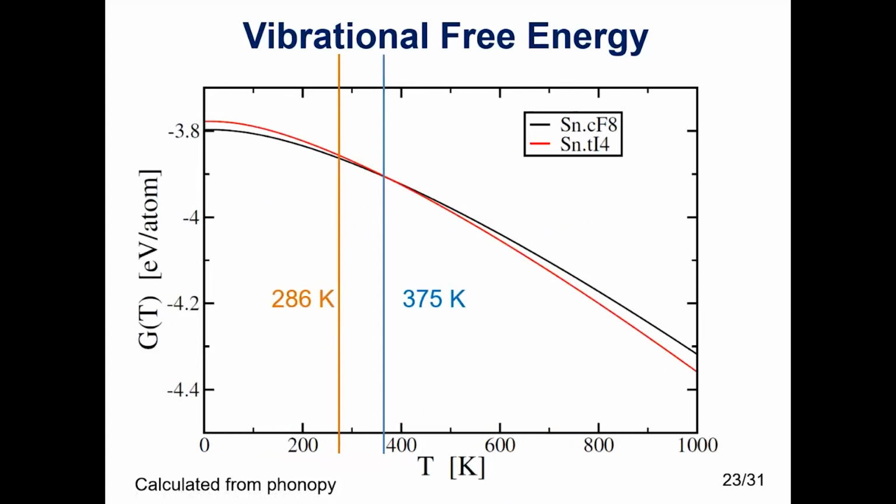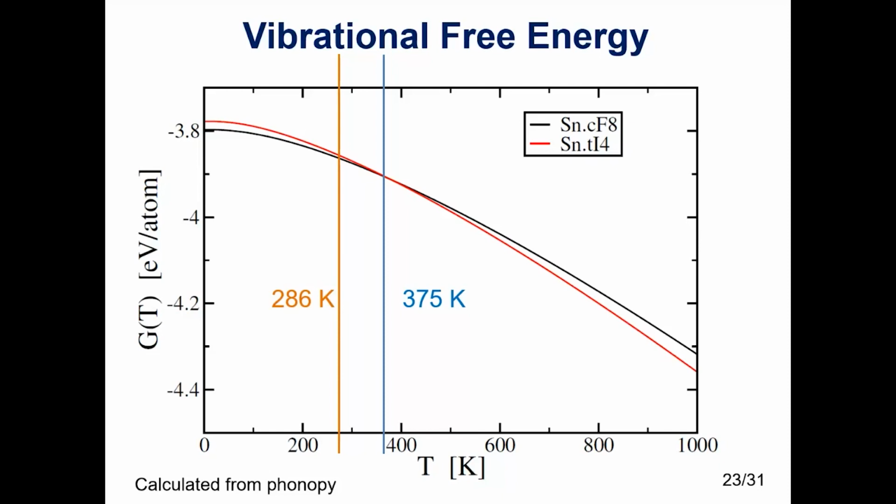Let's make a graph of those vibrational free energies and see how they compare. So here we see in black the vibrational free energy of CF8, and in red the vibrational free energy of Ti4. At low temperature, the vibrational free energy of Ti4 is high.